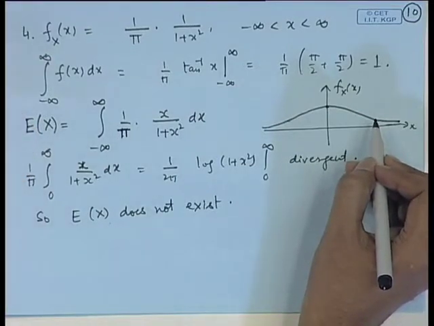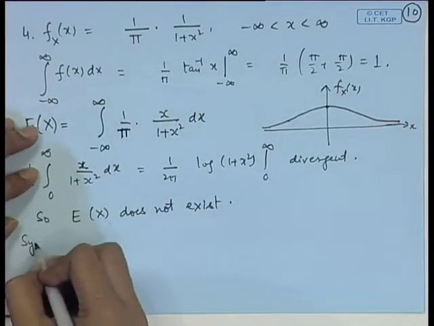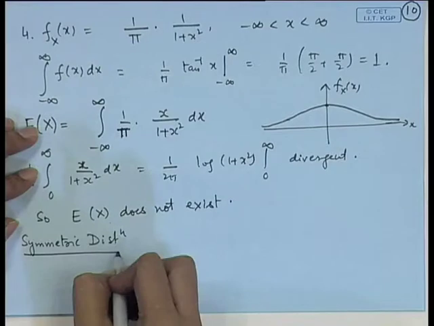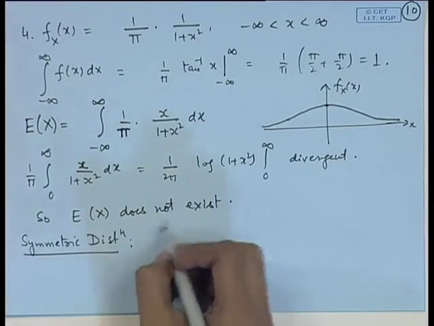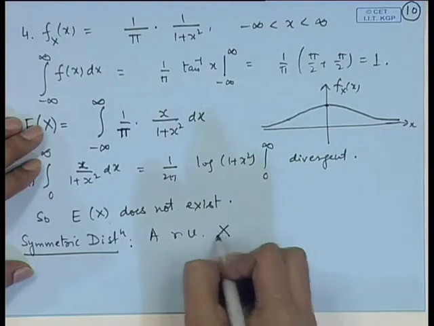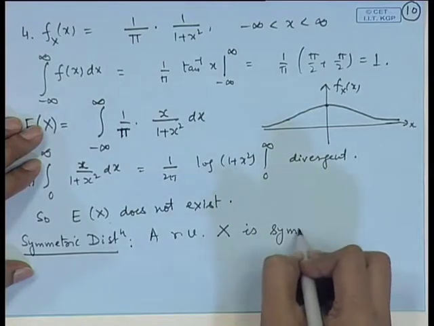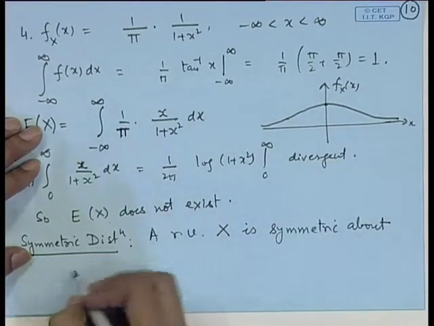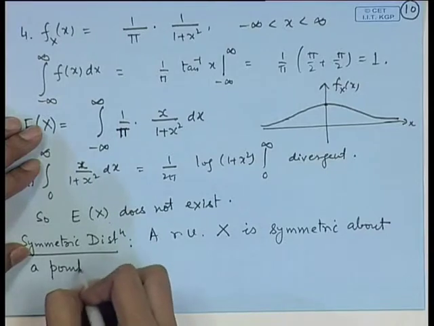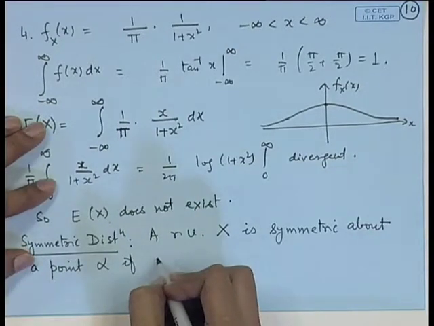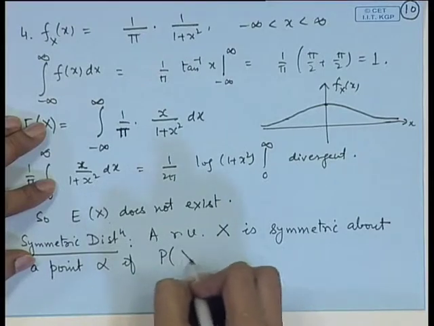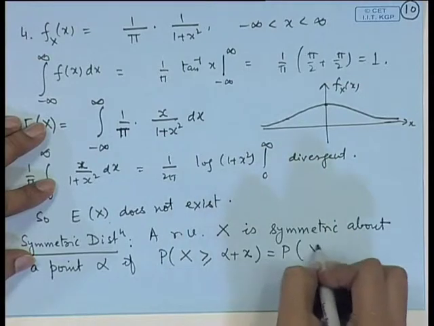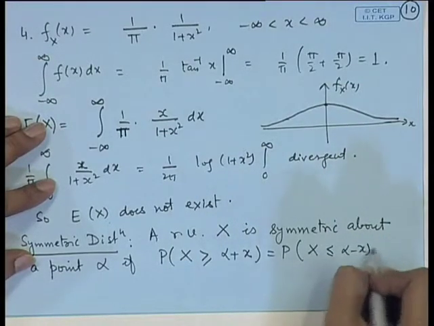We can define a symmetric distribution as follows: a random variable X is symmetric about a point alpha if the probability of X greater than or equal to alpha plus x is equal to the probability of X less than or equal to alpha minus x for all x.